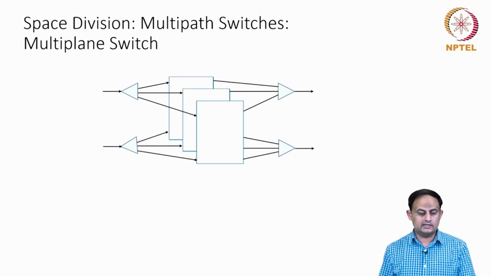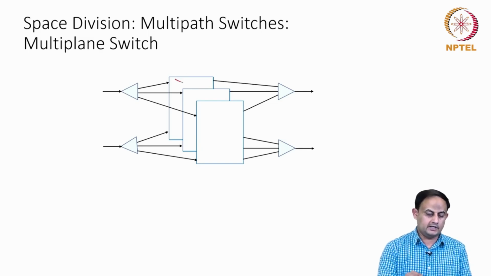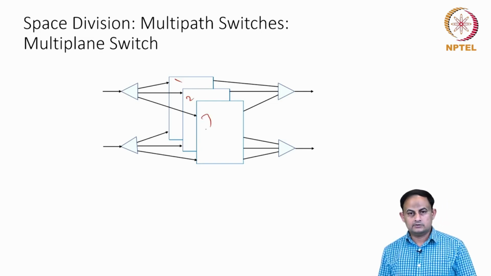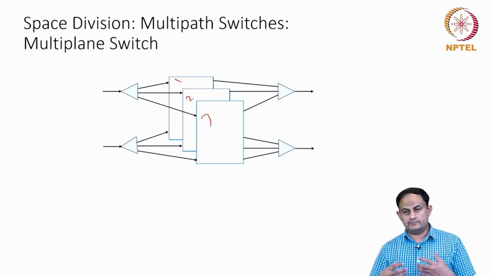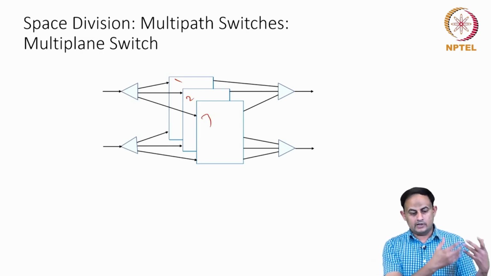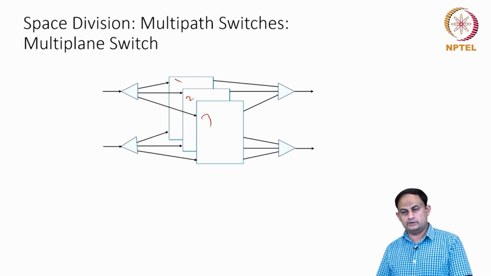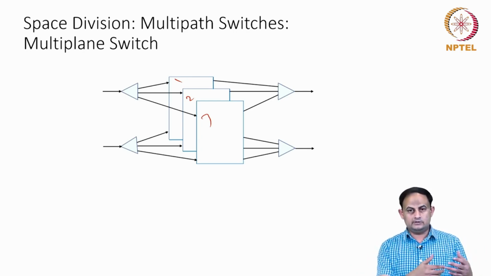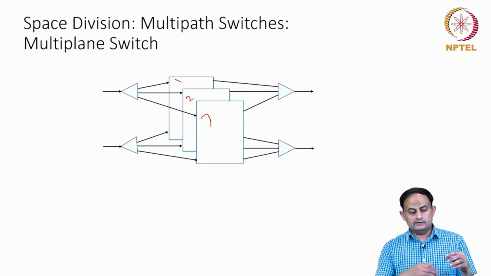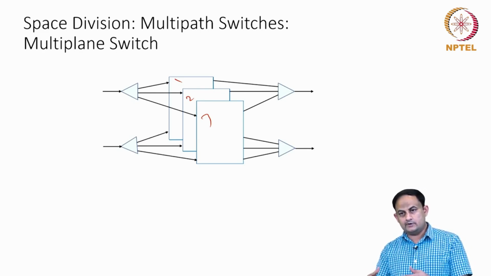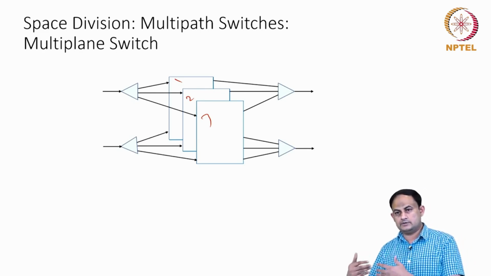What is shown in this diagram is three planes, plane number 1, 2 and 3. You can very well think of them as replicated versions of the switch fabric. I can come up with whatever design I want for switch fabric number 1, 2 and 3. So let's say I go with the crossbar, and there is one plane with one crossbar, and there is a second plane with a second crossbar, something like this.